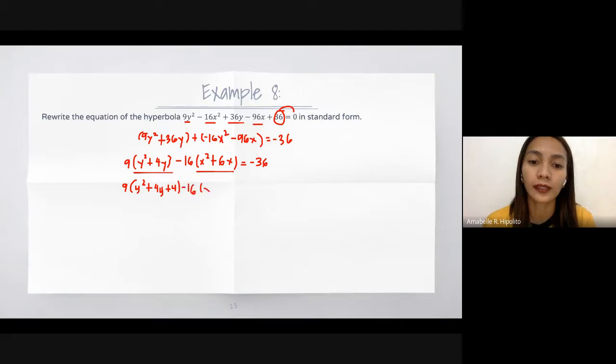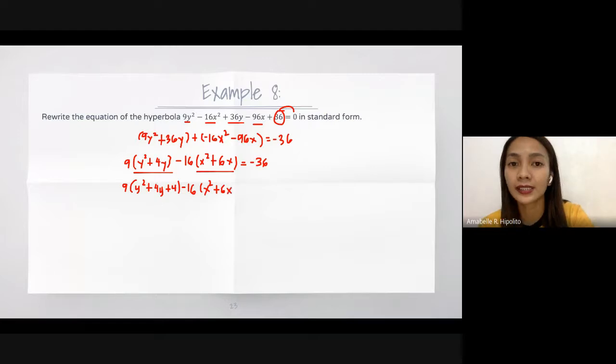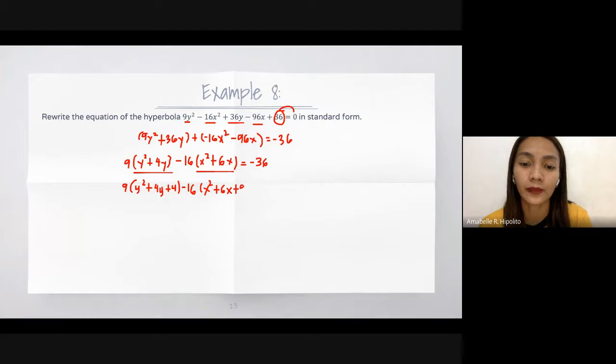And then x squared plus 6x. And completing the square, 6 divided by 2 is 3. Diba? 6 divided by 2 is 3. And then 3 squared is 9. So, plus 9. Equals negative 36.